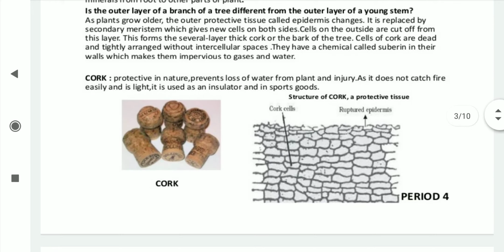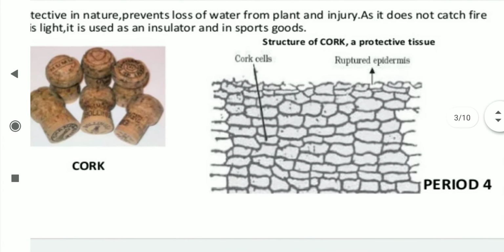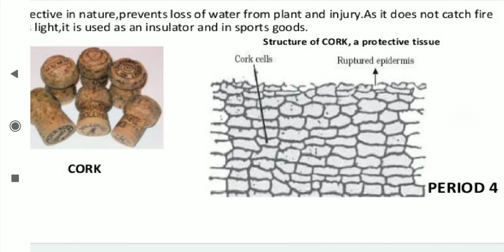You are seeing this cork cell, and no intercellular spaces are present. On the other side, a cork is given, we make a cap of the bottle and we call that cork. Cells of cork are dead and compactly arranged.